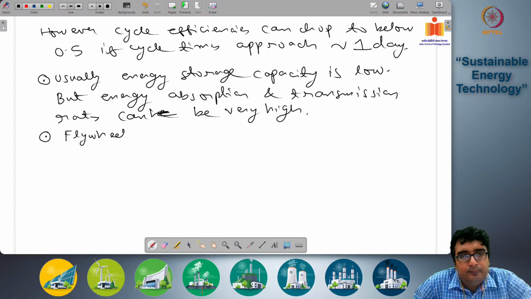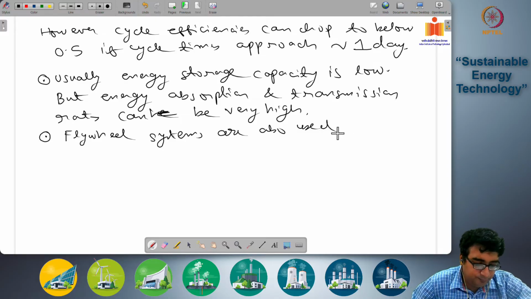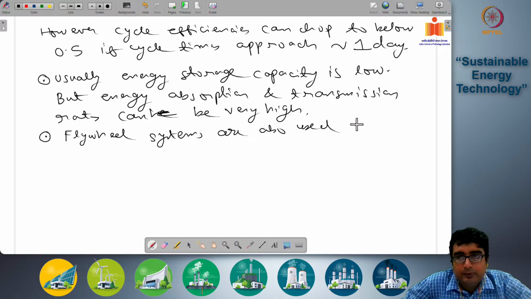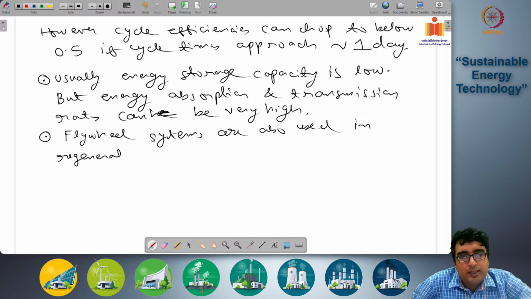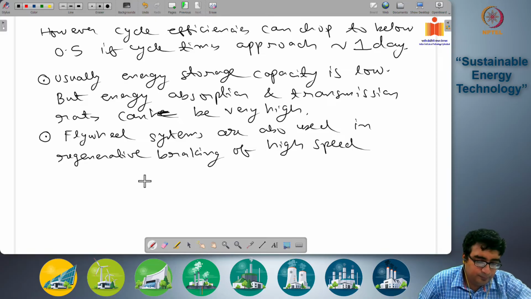Flywheel systems are also used in regenerative braking of high speed trains.